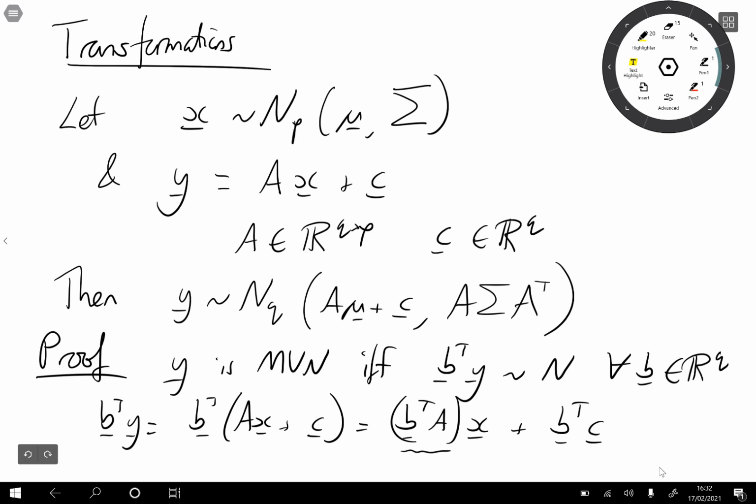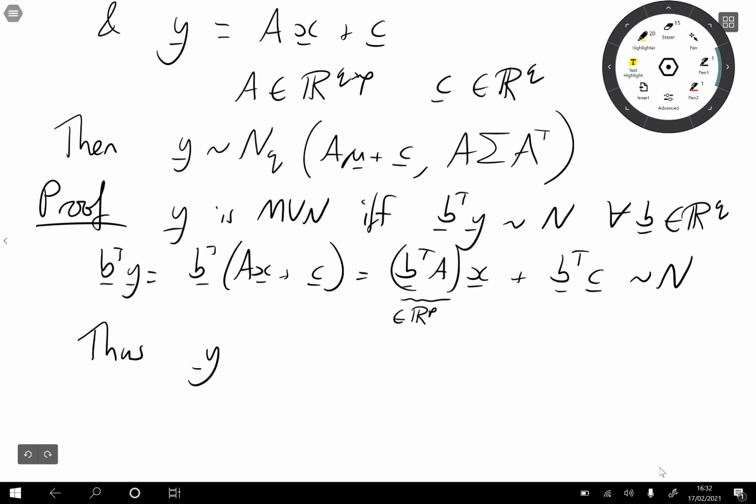So this is some vector in R^p times x, and because x is multivariate normal, we know that must be normally distributed, plus a constant, so that is normally distributed.